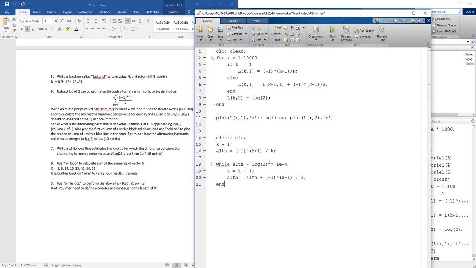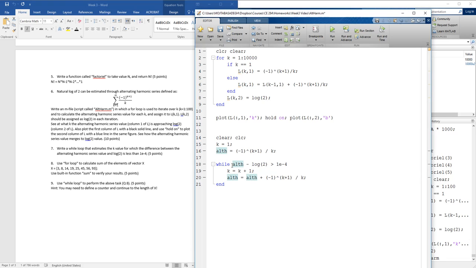And so while the difference between these two is more than 1e negative 4, it will add k, it will calculate the new element, and it will add it to alt h. So that's how it works. But the issue here is, if this goes negative, we are going to have an issue.